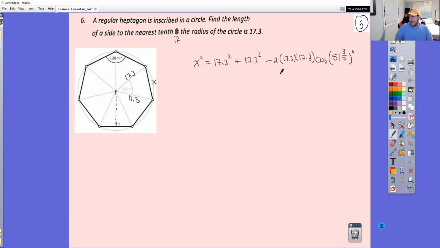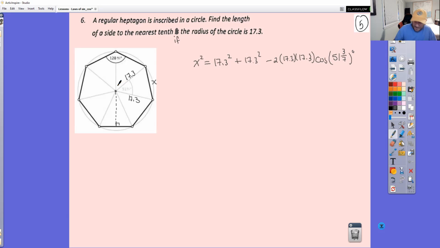All right, do all that math. 17.3 squared plus 17.3 squared minus 2 times 17.3 times 17.3 times the cosine of 51 3/7. I'm just going to type in 360 divided by 7. It's easier.